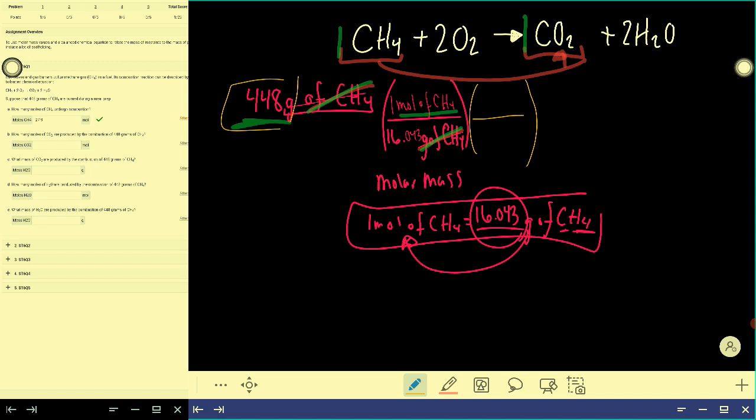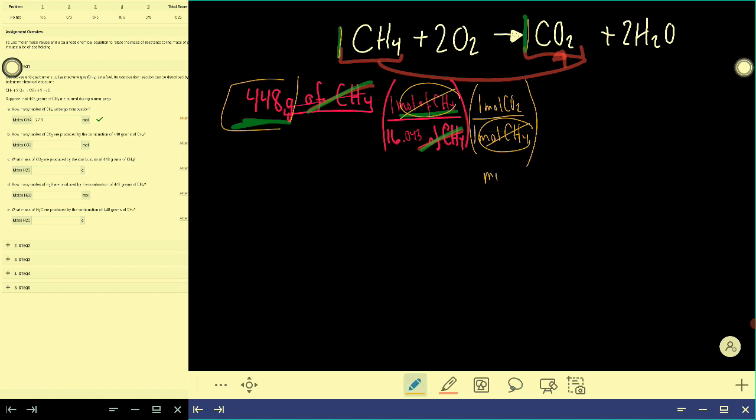So meaning now I'm in moles of methane. To get from moles of methane to moles of CO2, I'm going to say that for every 1 mole of methane, I have 1 mole of carbon dioxide. And because I had methane on top, I have to have methane on bottom. So that crosses off, and it's equal to 1 mole of carbon dioxide. Now this is called the molar ratio.